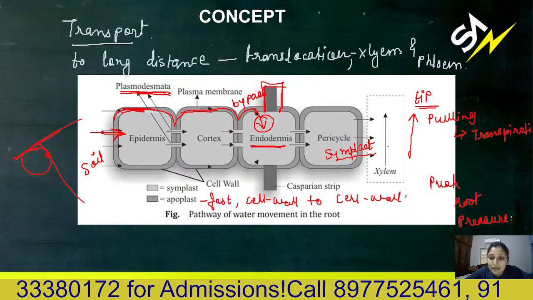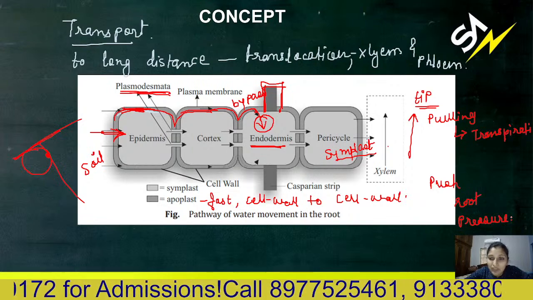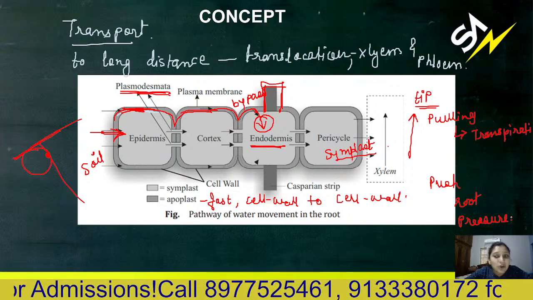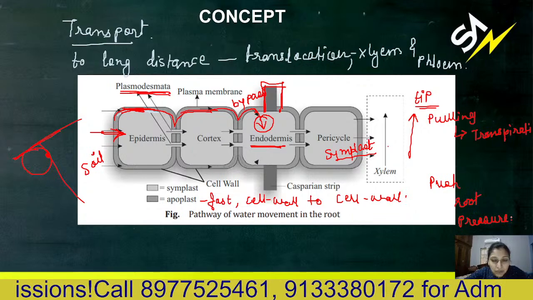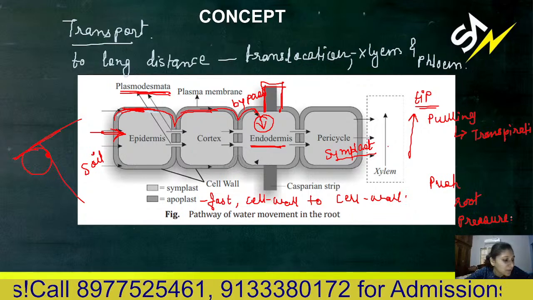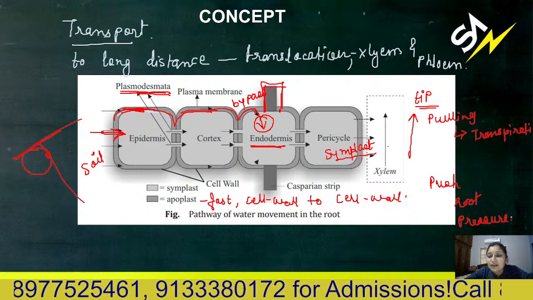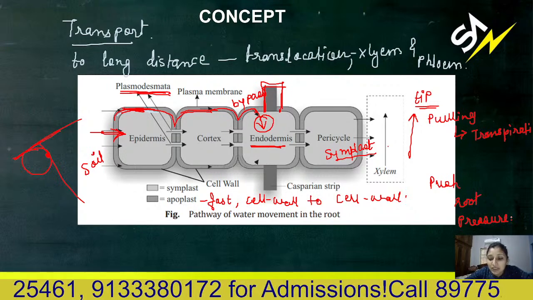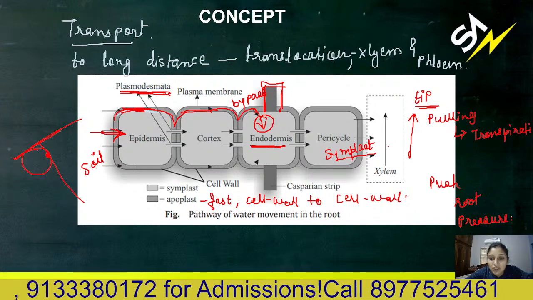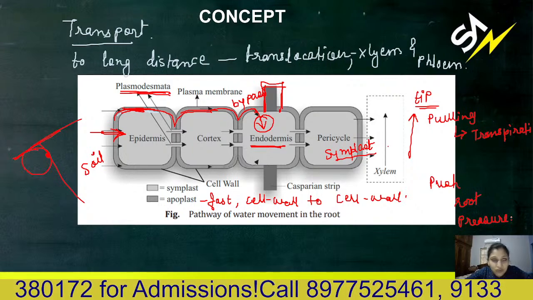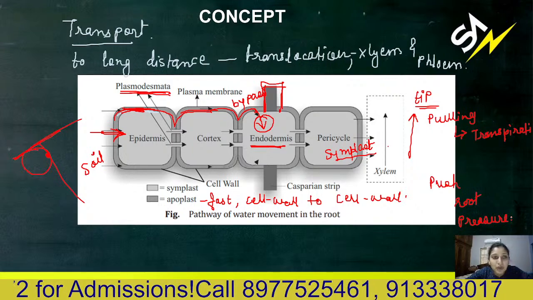So the root applies pressure, and because of that, water oozes out, not from stomata. Remember, not from stomata, but from specialized structures. Guttation is the result of root pressure. So this is what we can discuss about water translocation.